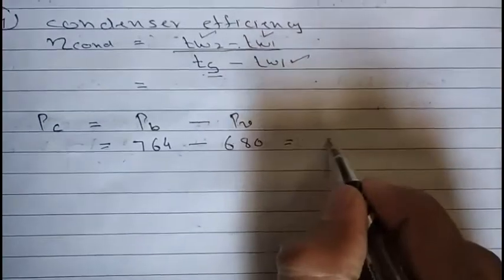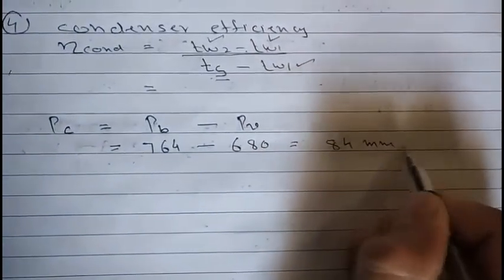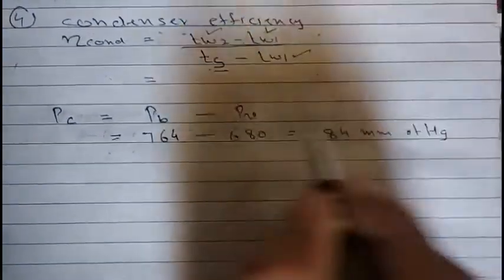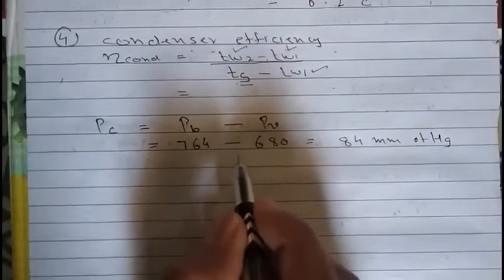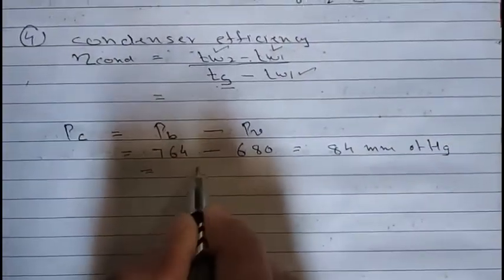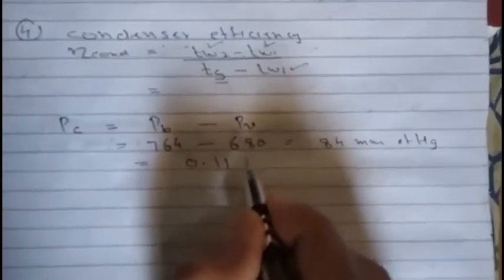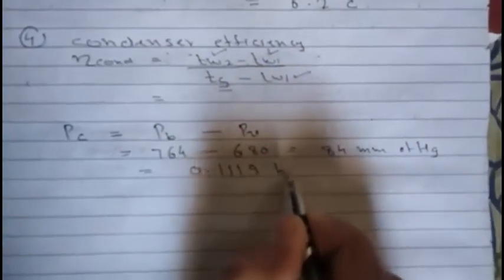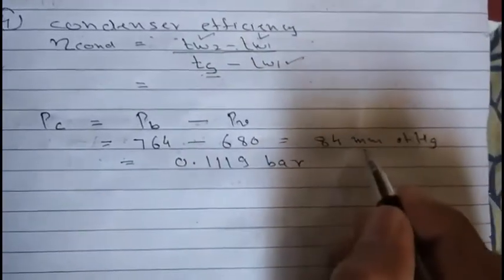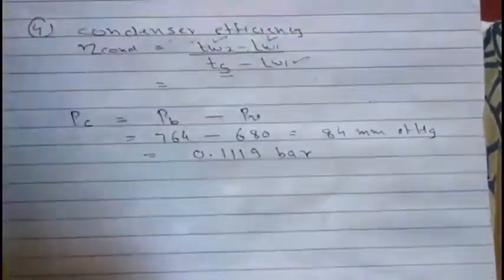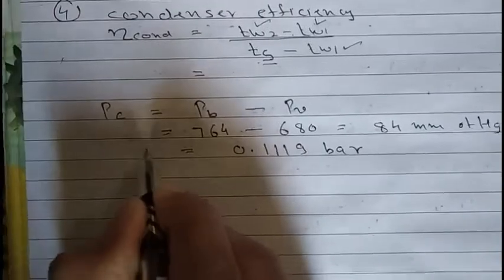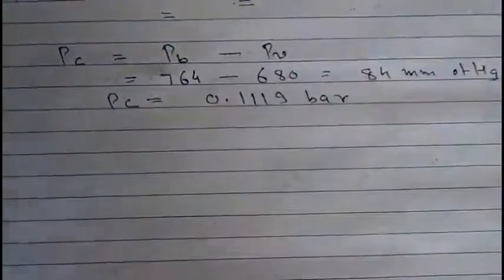It comes out to be 84 mm of Hg. Now if you convert this 84 mm of Hg into bar, it will come out to be 0.1119 bar. I have shown you how to convert mm of Hg into bar, so you can calculate it directly. So this 0.1119 is the absolute pressure inside the condenser.